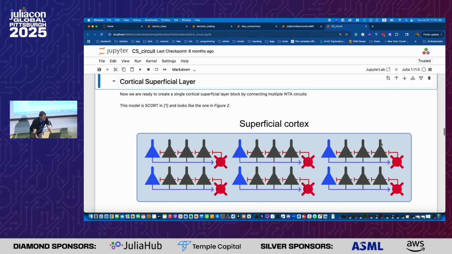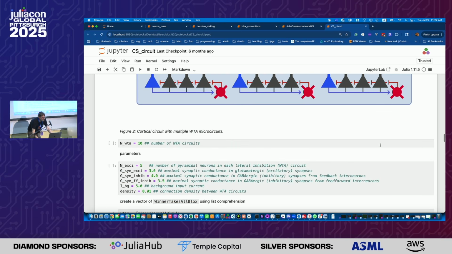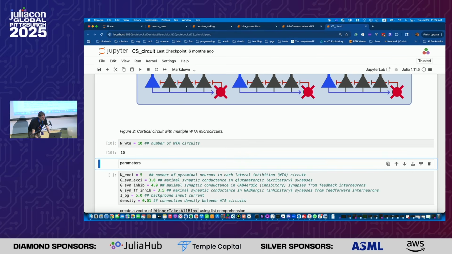So then we can create what we call a cortical superficial layer. So this is not the cortex, but it's something like the cortex. So we build essentially, let's say, 10 winner-takes-all circuits or 100 winner-takes-all circuits, put them together. So in this case, we are creating 10 winner-takes-all circuits, right?